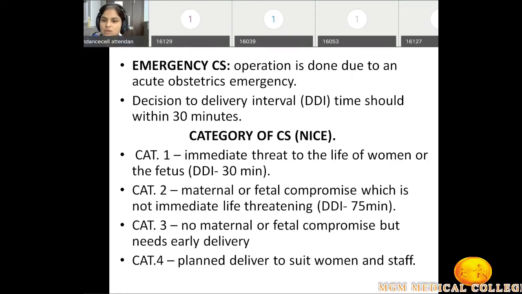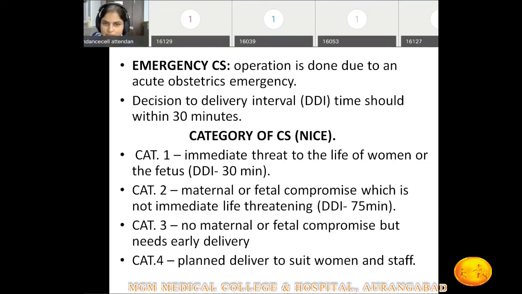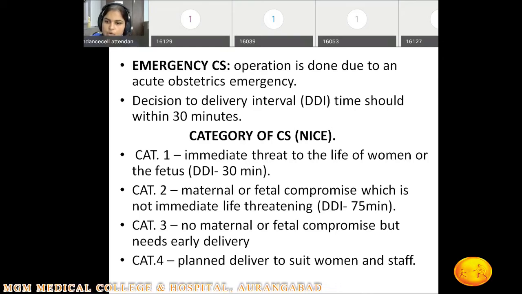So the decision to delivery time should be within 75 minutes. In category 3, there is no maternal or fetal compromise, but it needs early delivery. And in category 4, a planned delivery, that is the elective section, we call it a category 4 section. Planned delivery to suit the women and the staff of the hospital.